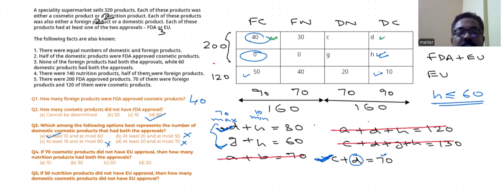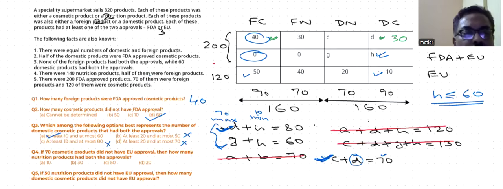Now it is 40, total is 70, so this value will come as 30. I cannot erase D here, because this value 30 is for question number 4 only. For question number 5 the scenario will change. So as of now, D is 30.